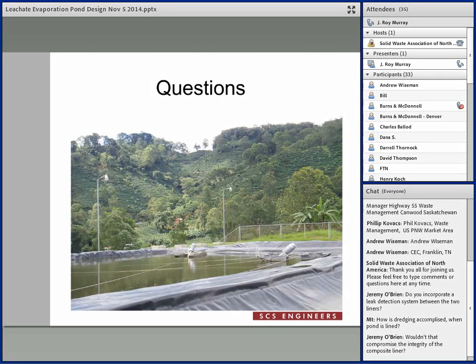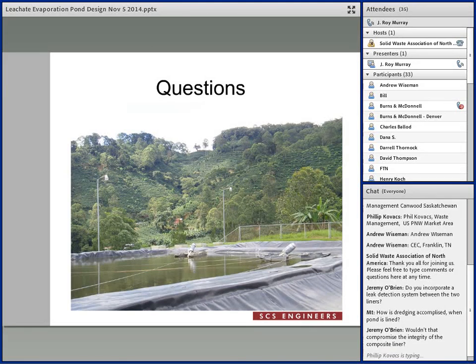I've never seen a pond where there were significant amounts of sediment that you couldn't handle basically manually, with people walking on that liner and using, say, flattened shovels, maybe even plastic shovels, and brooms, that I've seen employed when people have had to clean soil off of landfill liners. So as long as people are being careful, it can certainly be cleaned easily without compromising the liner.